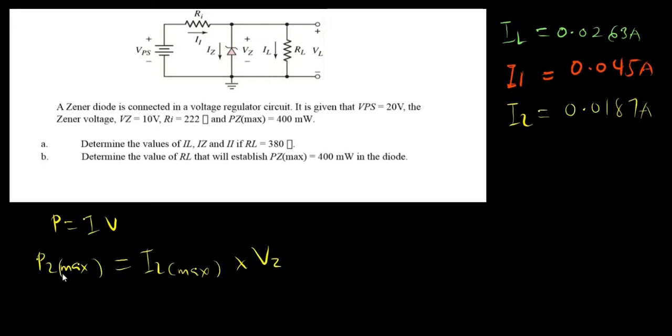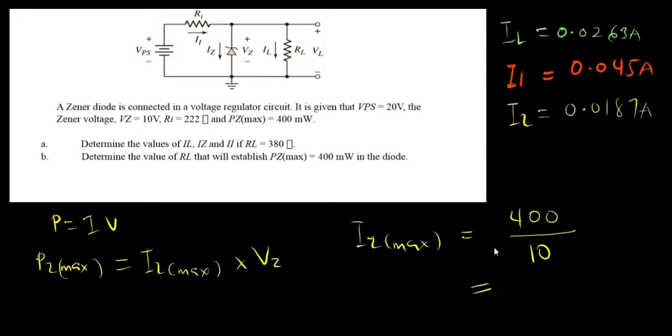Now we've been given PZ max and we also know VZ, which is 10 volts, so we can find IZ max. IZ max, that's the maximum current in the Zener diode, will be equal to PZ max, which in this case is 400 milliwatts, divided by VZ, and VZ is 10.